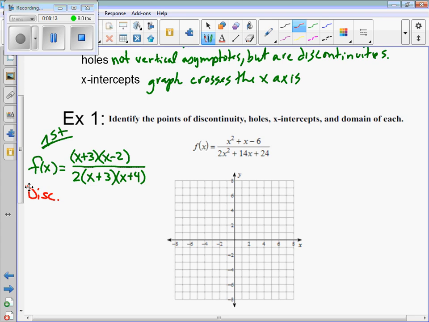So where x plus 3 is zero, x equals negative 3, and x equals negative 4. Those are our points of discontinuity, our denominator's zeros. The holes are the zeros of the numerator and denominator that cancel out. So these cancel out, so our hole is at negative 3.